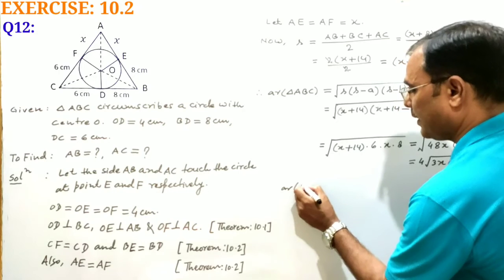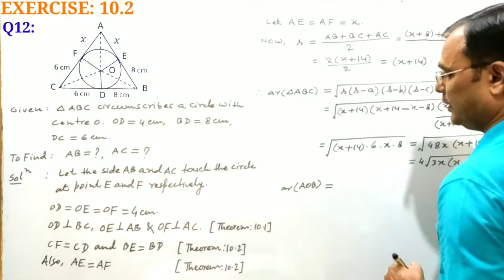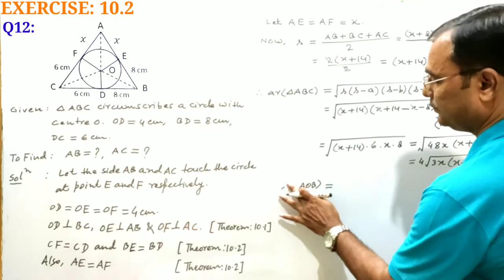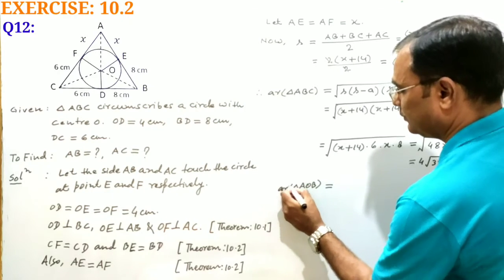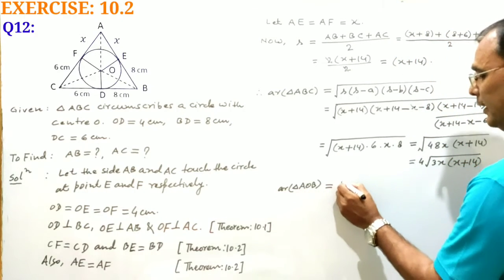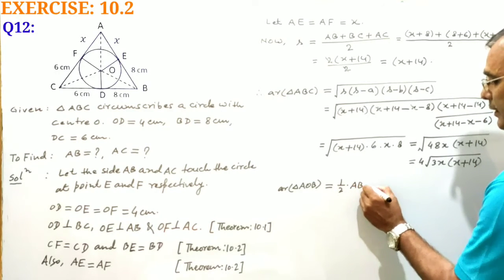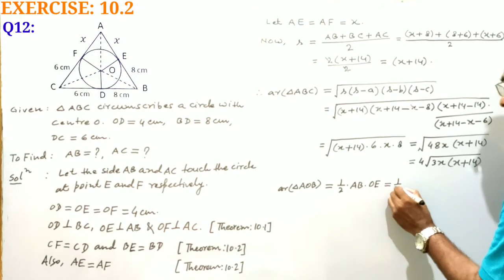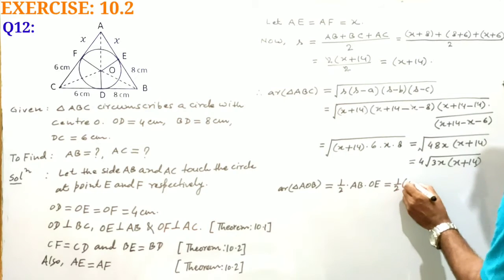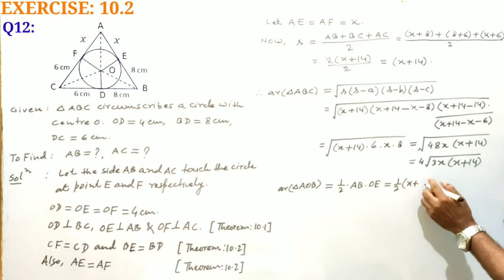Area of triangle AOB is equal to half into base AB into altitude OE, and this is equal to half into AB, which is x plus 8, into 4.